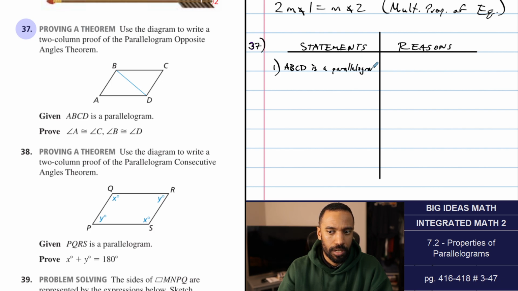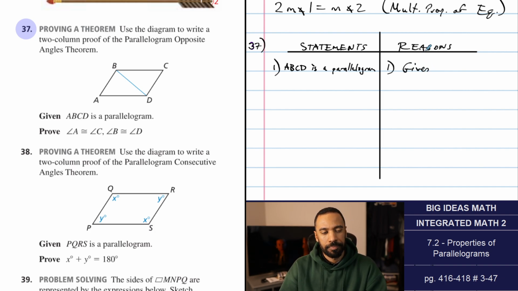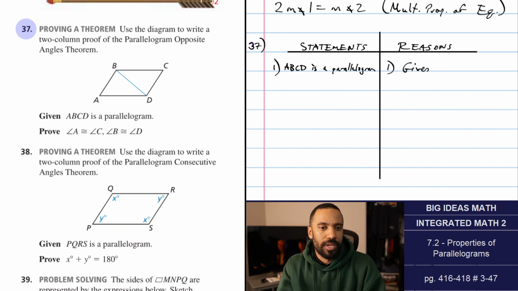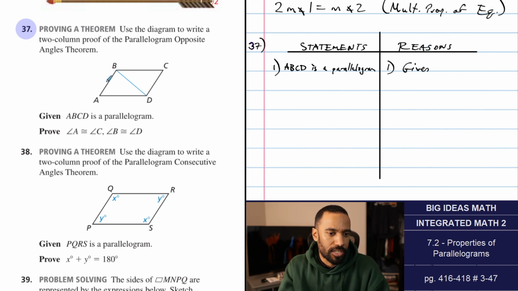Now, I feel like they don't want to let us use the opposite sides congruent thing. I think we're allowed to use it, because otherwise it's going to take too long.